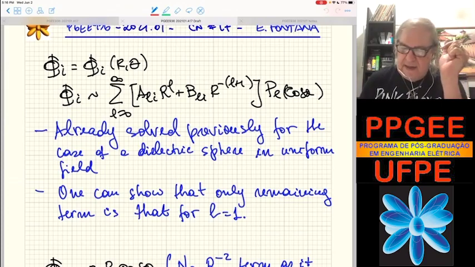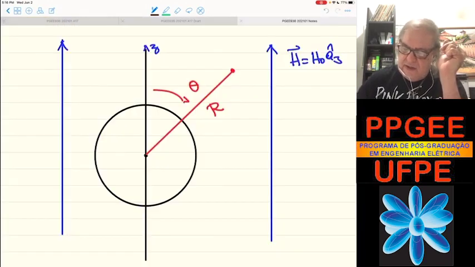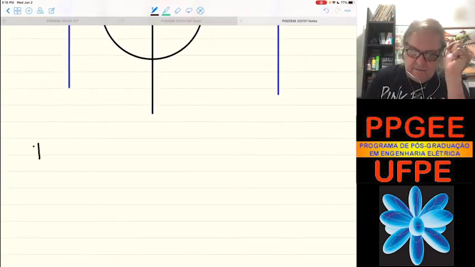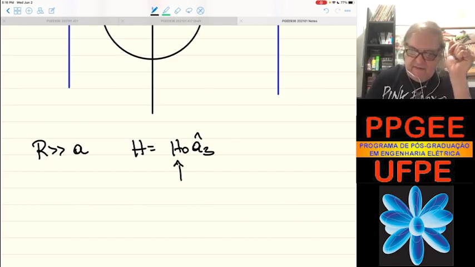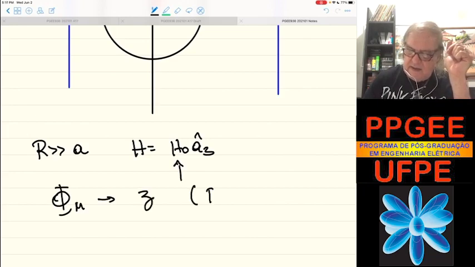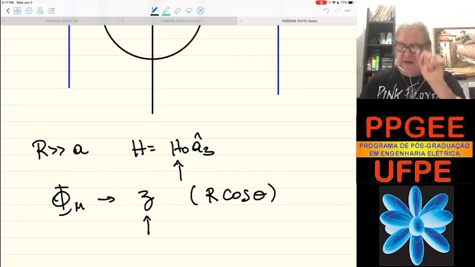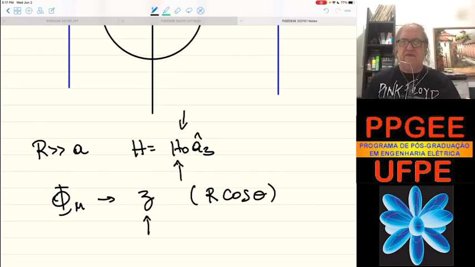Why? Because far away, the boundary condition is that the field is constant, and this can be obtained from a scalar potential which goes linearly with z. In other words, it goes with r cosine theta, because the derivative of this function gives a constant field.